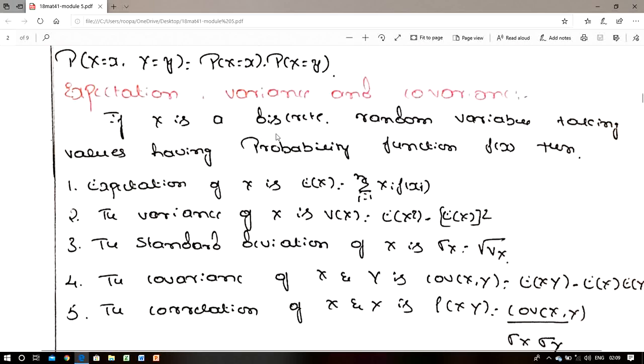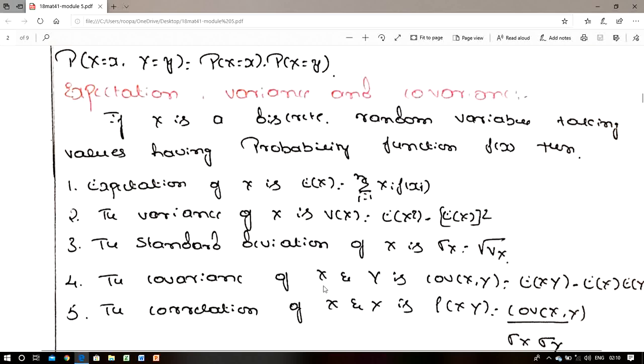If x is a discrete random variable taking values with probability function f of x, then the expectation of x is E of x equals summation i equals 1 to n of xi times f of xi. The variance of x is V of x equals E of x square minus E of x whole square. The standard deviation of x is sigma x equals root of V of x.